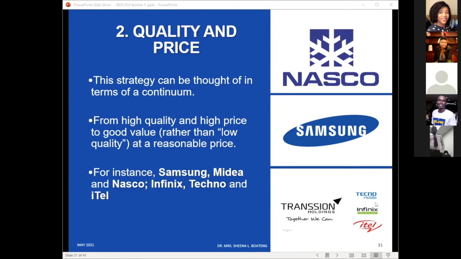Each of them gives a certain level of quality, depending on the model you are buying, and then you pay a particular price. So these are all tactics that are used by global marketers, and a lot of them do it silently, such that, like we just realized, a lot of you didn't even know that Samsung owned both NASCO and Media. Yes, Nigel, very interesting. These are all global marketing tactics that firms use on a daily basis.